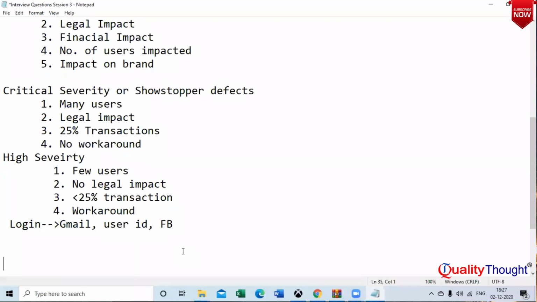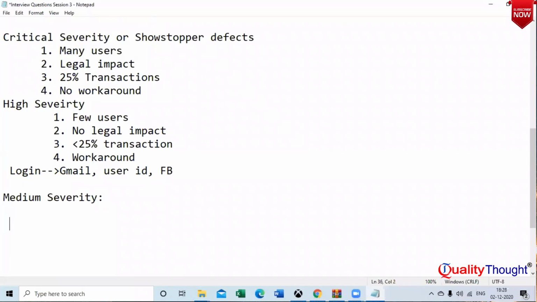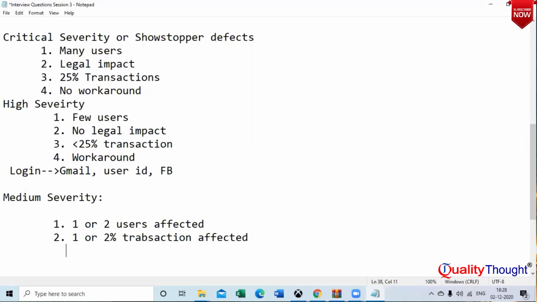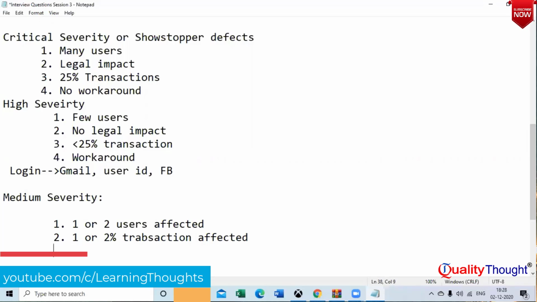Coming to medium severity defects. Medium severity defects mean one or two users are affected, around 1 to 2% of transactions are affected, and there is negligible impact on the business.